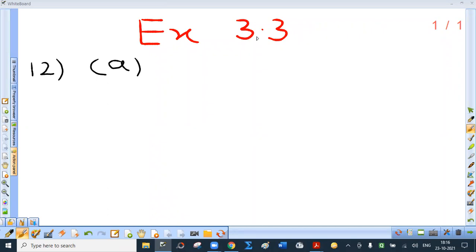If the units place digit is 5, therefore the remaining 5 places can be filled using 5 digits in 5P5 equal to 5 factorial equal to 120 ways.